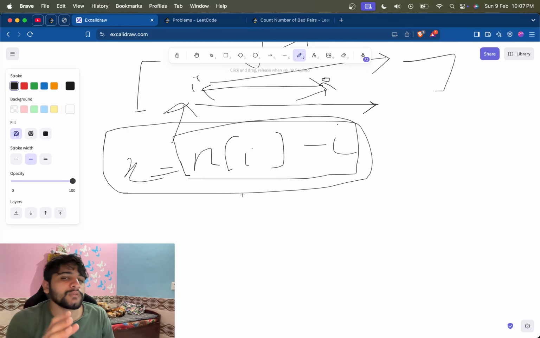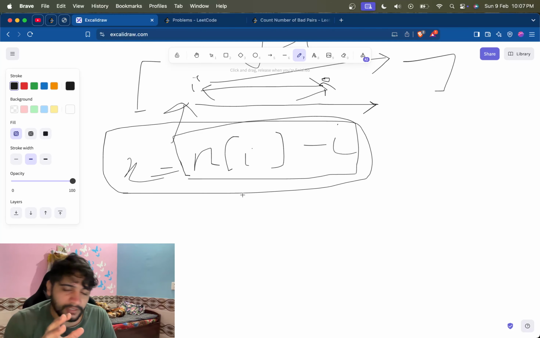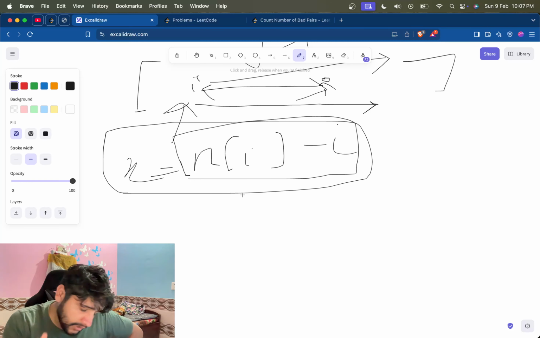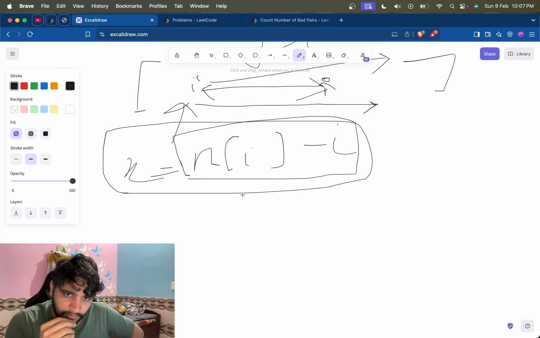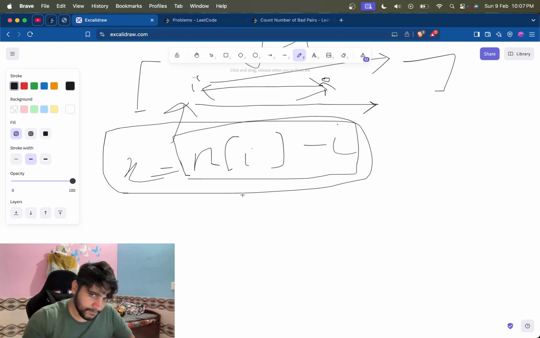So we just need to iterate through the array and maintain a counter for all the differences of indexes and values. So we can maintain a map for that. In the map we will store the difference, and whenever we again get that difference, if that difference existed earlier, that means it forms a good pair.